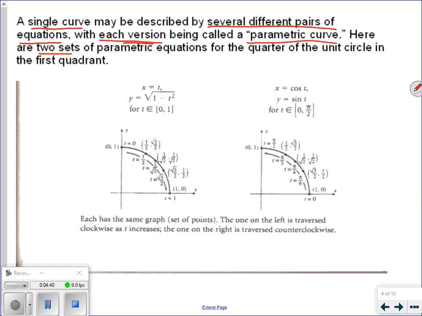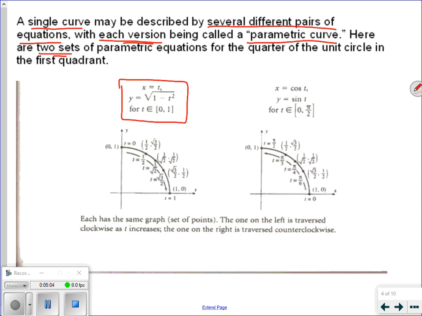In this example, we've got two sets of parametric equations for the quarter of the unit circle in the first quadrant. It describes the same curve, but does so in a different direction. For instance, here is one way to describe the unit circle as a parametric.